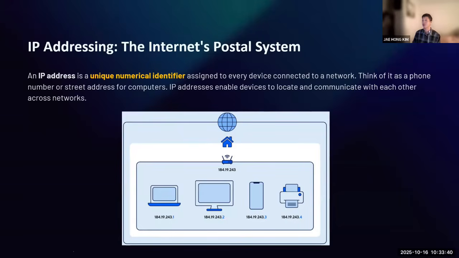An IP address is a unique numerical identifier assigned to every device connected to the network. It's the same as your phone number or your street address. So an IP address is a logical number we assign to the device, so it can be changed. An IP address is not a static number.